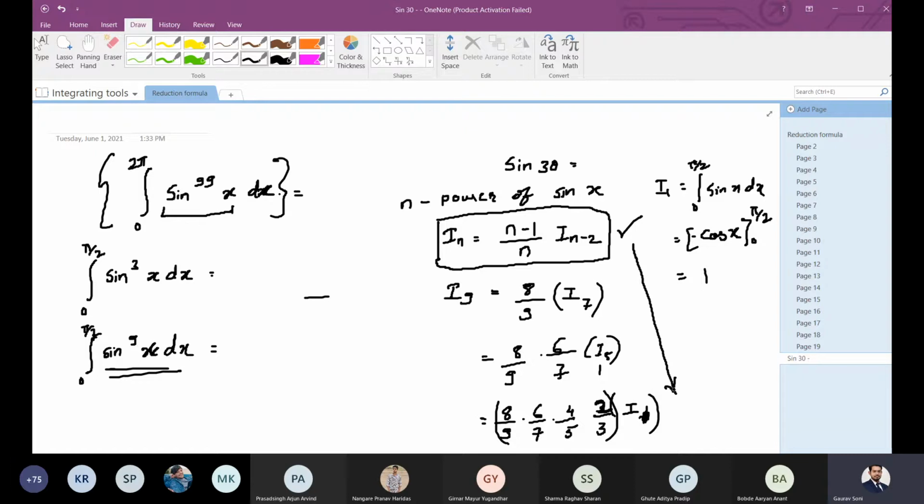You can also make a reduction formula for tan raised to n. All these combinations are possible. Even for a combination of sine raised to n and cos raised to m, we can make a reduction formula. This makes finding the answer for any of these integrations very efficient, and how we do that we are going to see in the further study.